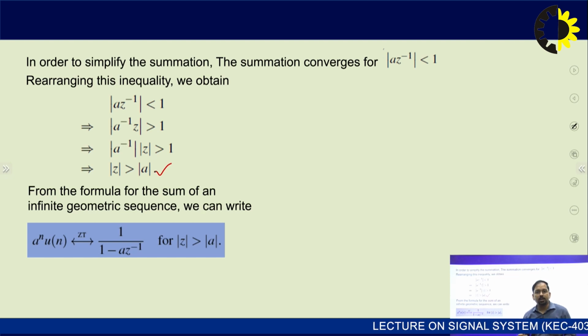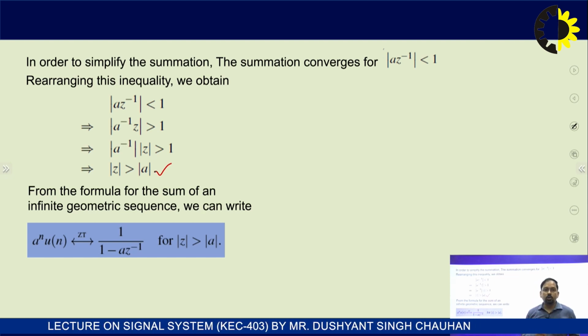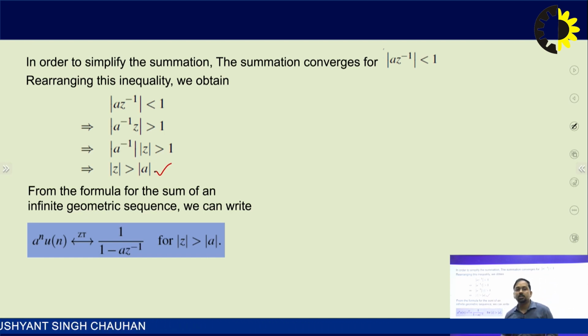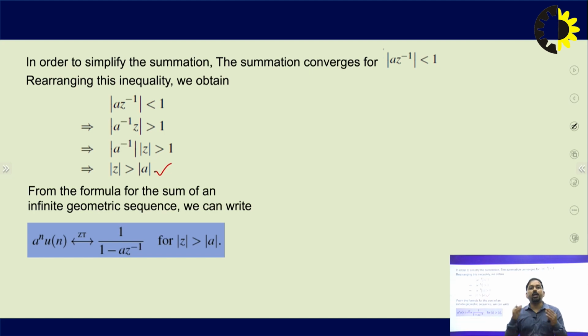Basically we'll see later on that it will represent a circle whose center is at origin, and the region we are defining here is the region beyond a. So we can say that the transform of a raised to power n u[n] is 1 by 1 minus a z inverse for all mod z greater than mod of a. So mod z greater than mod of a is basically the region of convergence.